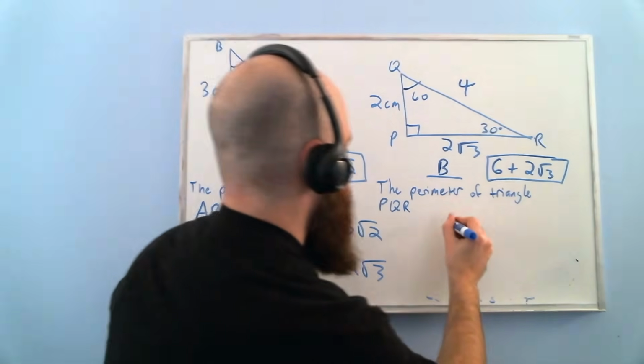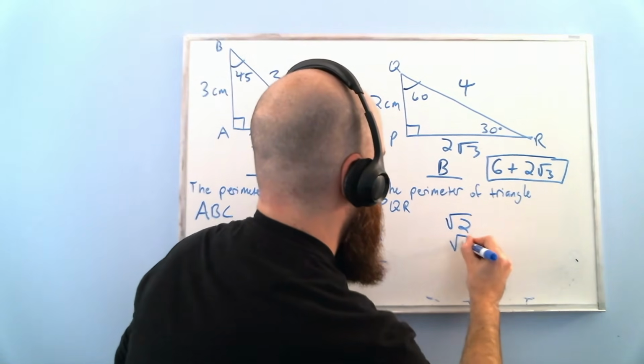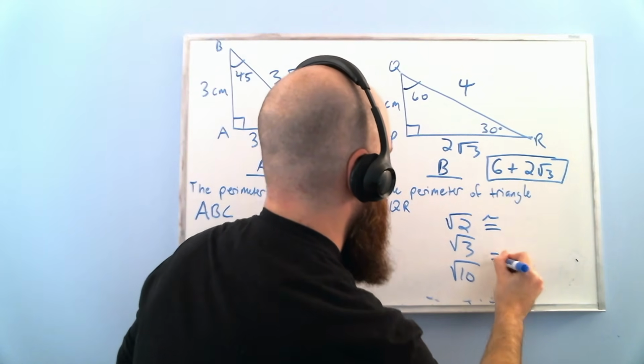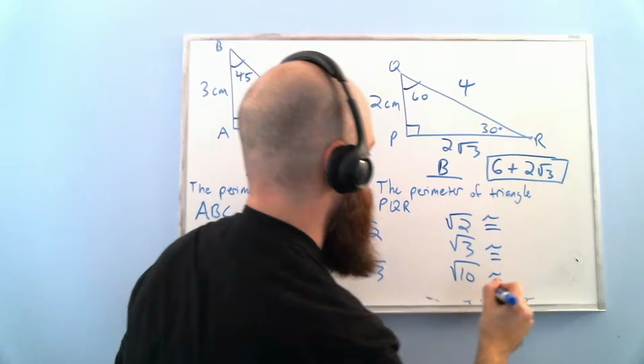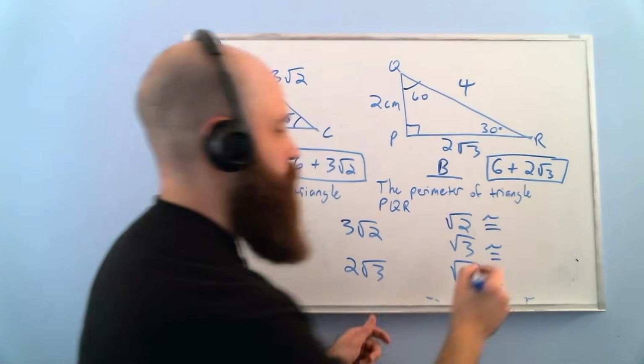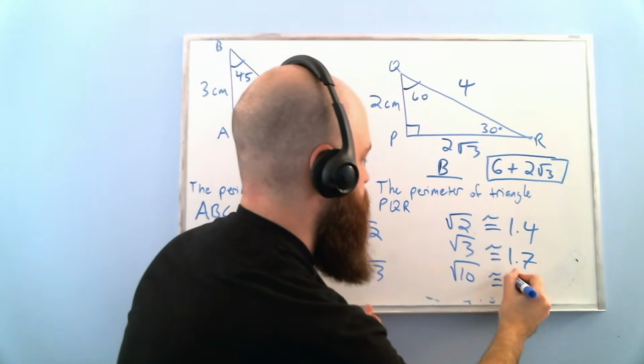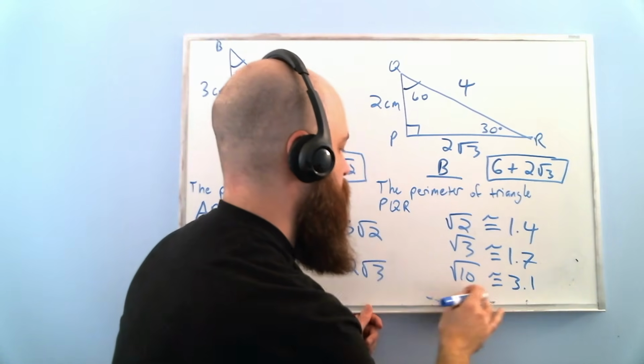So here is a list of some common square roots that it's nice to be able to approximate. It can make your life easier in some circumstances. So the square root of 2 is about 1.4, square root 3 about 1.7, root 10 about 3.1.